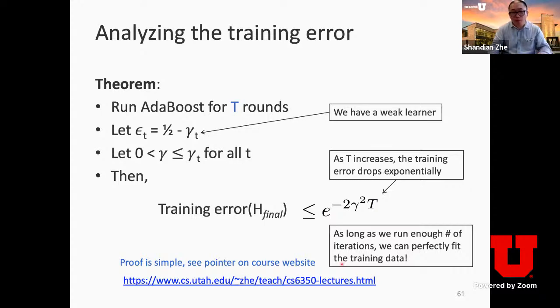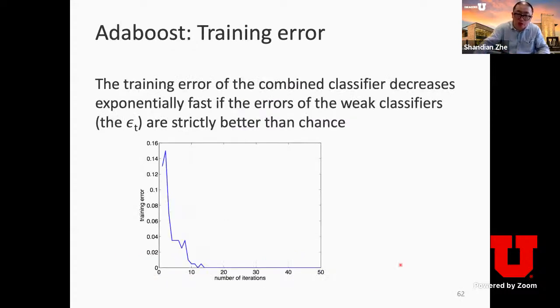So basically, as long as we run enough iterations, AdaBoost can perfectly fit the training data. And then that brings another issue. We discussed it before, according to Occam's razor principle, according to overfitting, overfitting is always not a good sign.